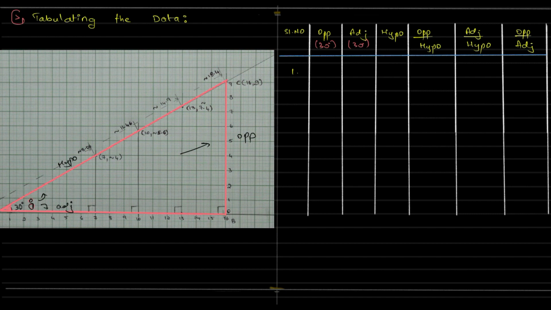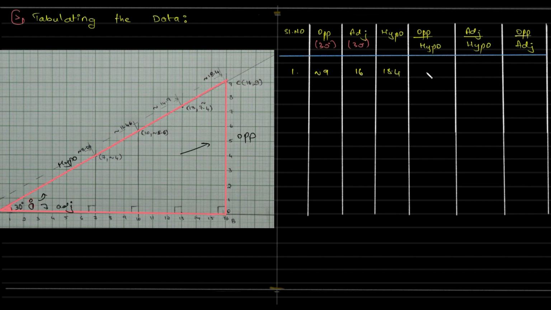So we are just making note of the length of each of these. So opposite length is approximately 9. We're not looking at the exact value because it's human made, so we won't get the exact value. Adjacent is 16. Hypotenuse is 18.4.